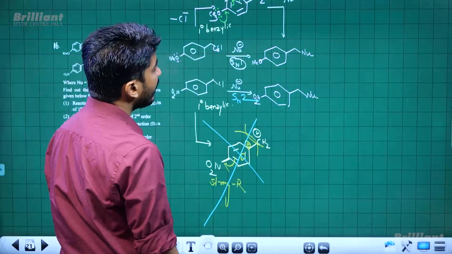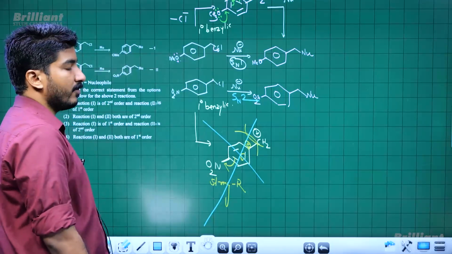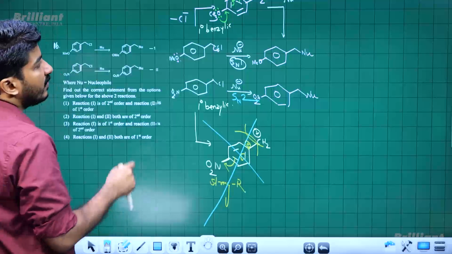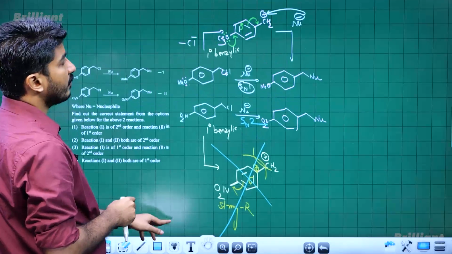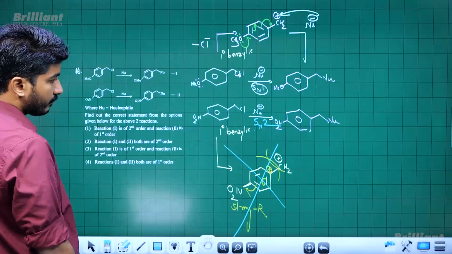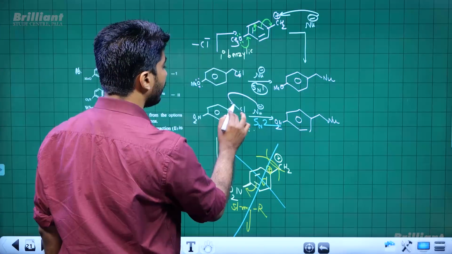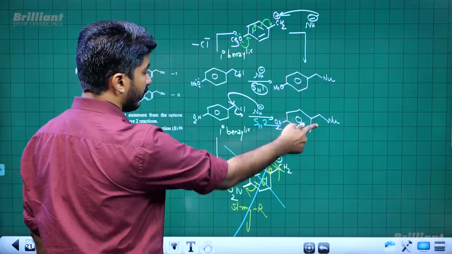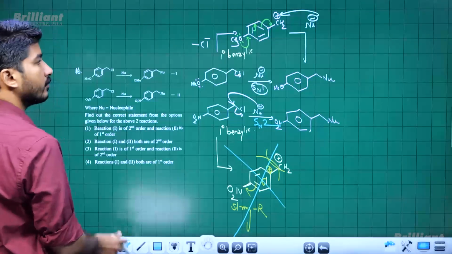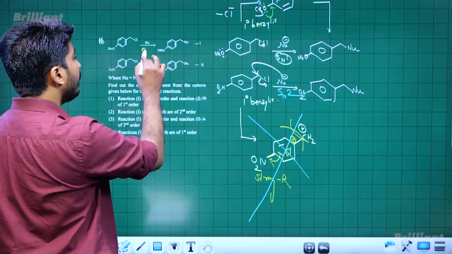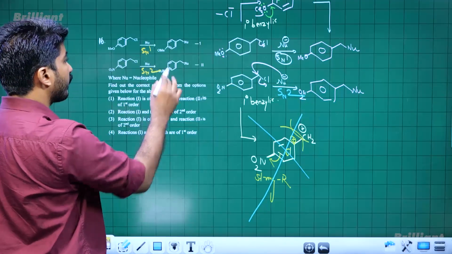So for a benzylic substrate, we know there is a possibility of both SN1 and SN2, and in this case we can decide simply by looking at the corresponding carbocation stability. So there should be a direct attack happening on this to give that product. So we decoded the mechanism: SN1 in the first case, SN2 in the second case.